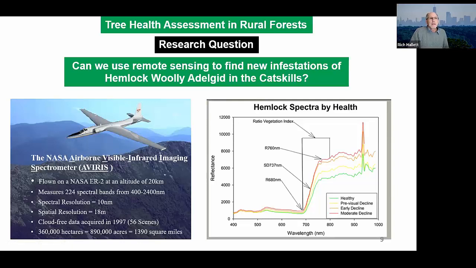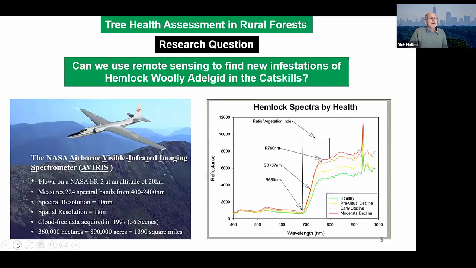And so we did some testing and experimenting and learned that if we looked at spectra, reflected light signatures, as you see on the right, from healthy all the way to declining hemlock trees that had been infested by hemlock woolly adelgid, we could separate it statistically. But in order to make this work, we needed to develop methods to assess the health of trees on the ground in our field plots so we could calibrate the imagery.